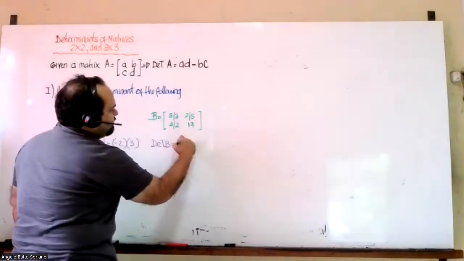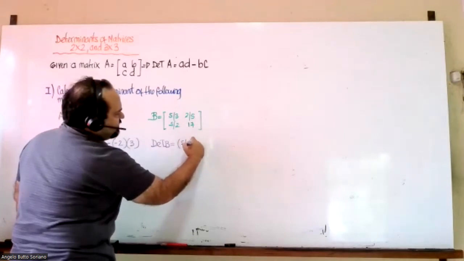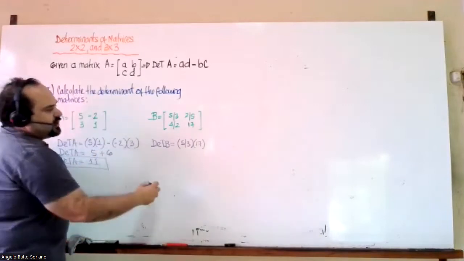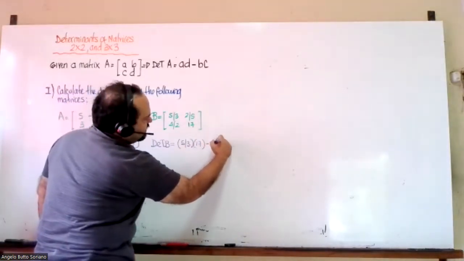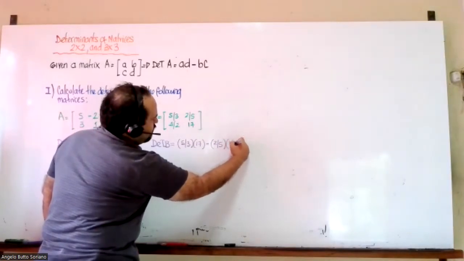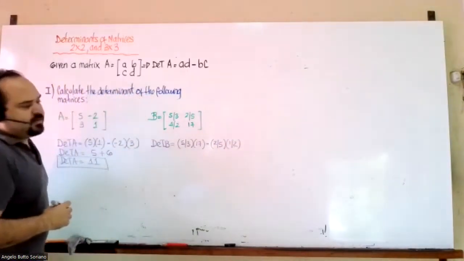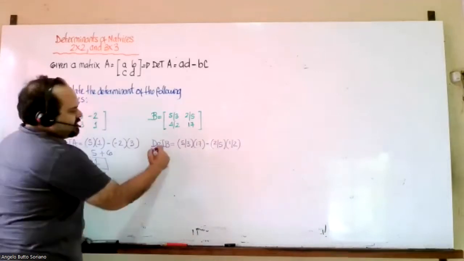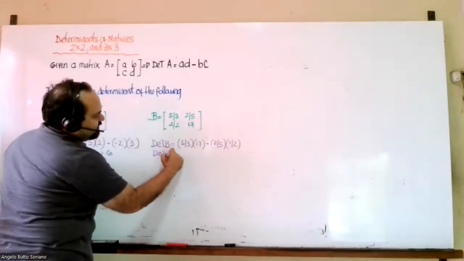I mean, we must multiply 5/3 times 17, subtracting 2/5 times 1/2. Okay, this is going to be the formula for the matrix, at least the determinant of the matrix.